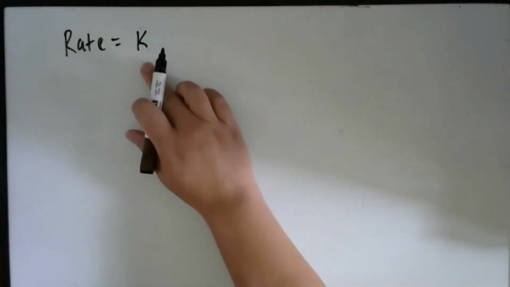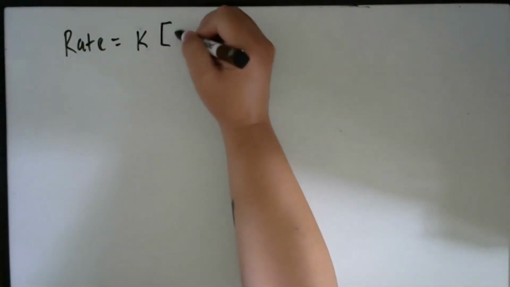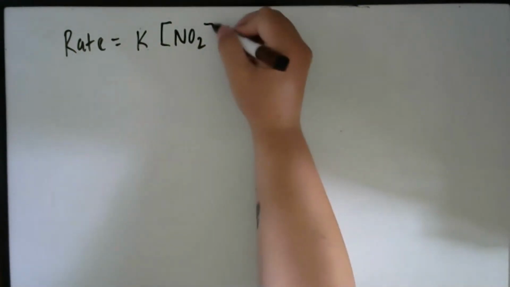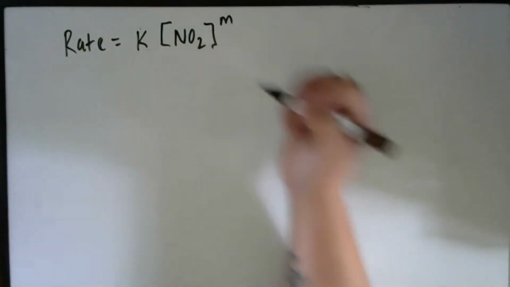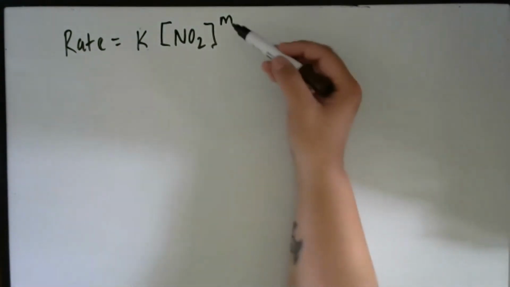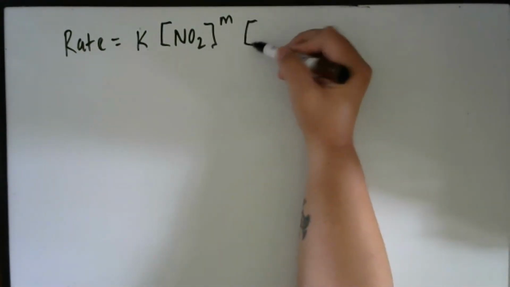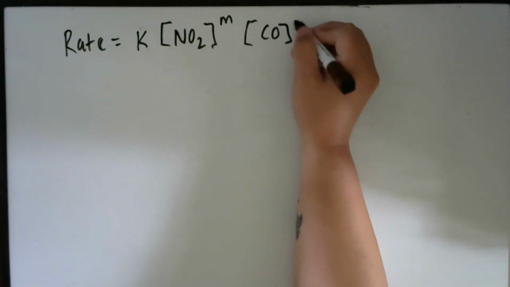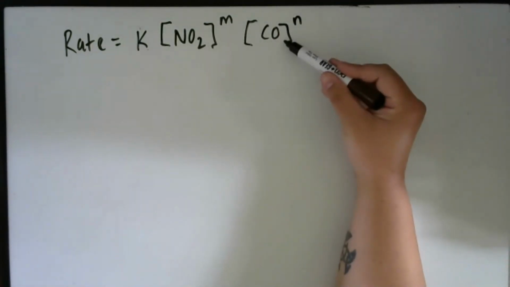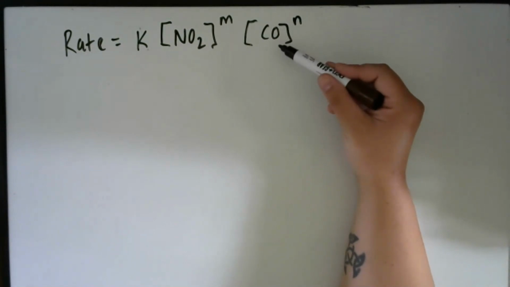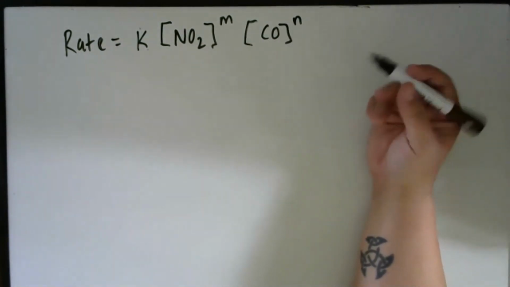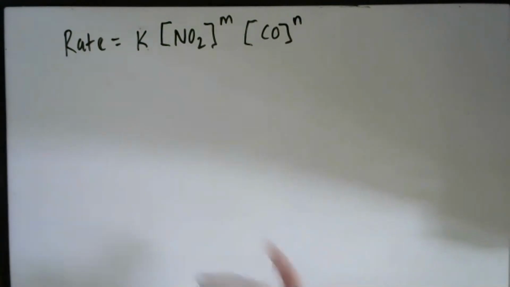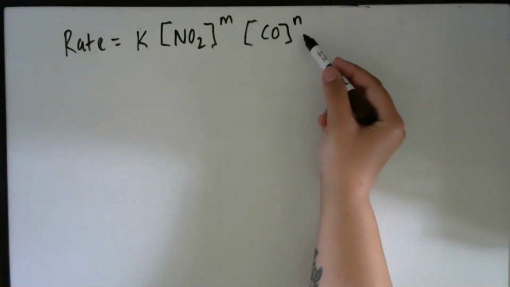It's going to be rate equals k, which is our rate constant, times the concentration of NO2 raised to the m, which represents the order of this reactant, times the concentration of CO raised to the n, and the n will correspond to the order of the CO. Now we have to find the m and n values so that we can write out the rate law. We can't write out the rate law until we know these two values.